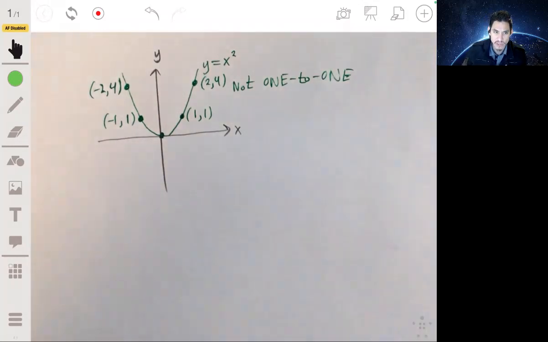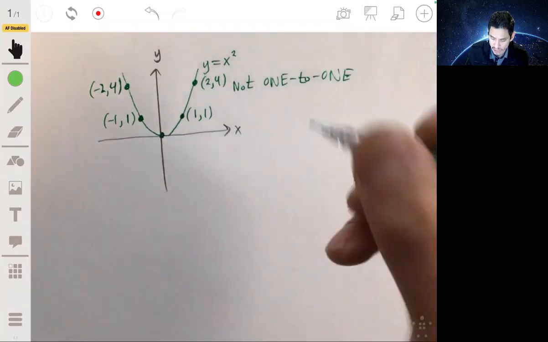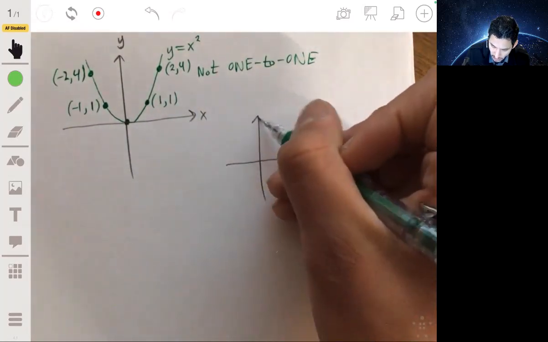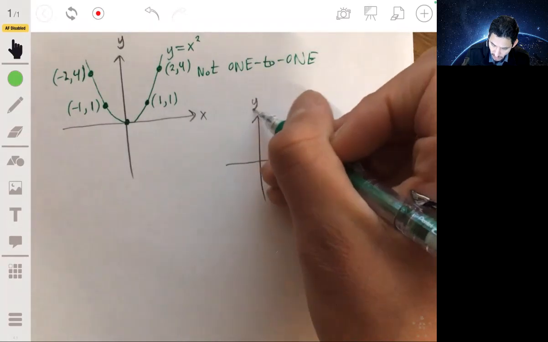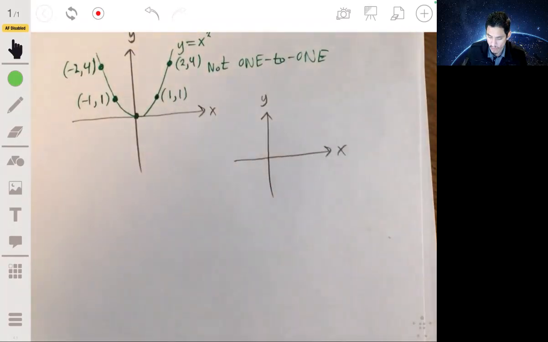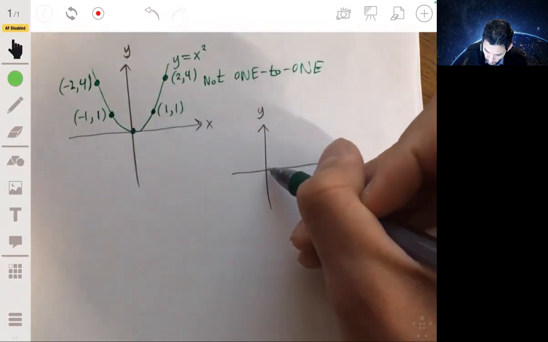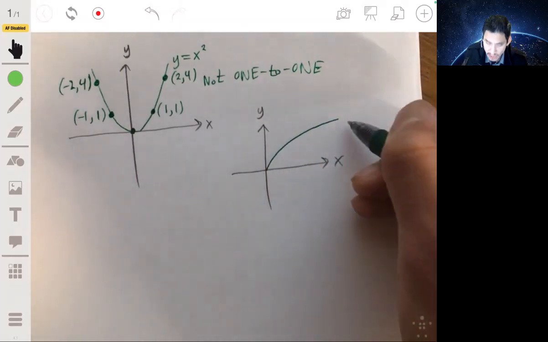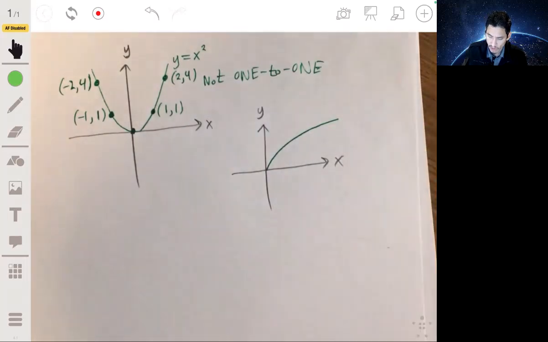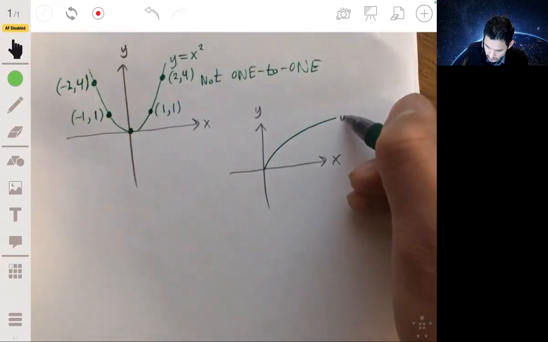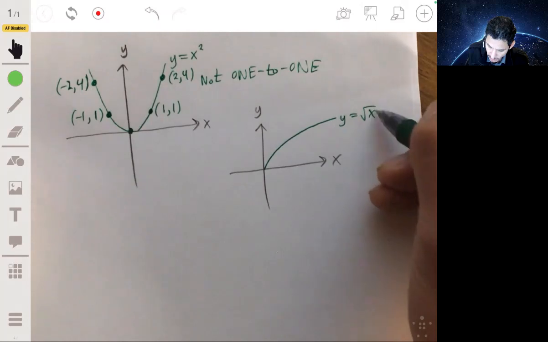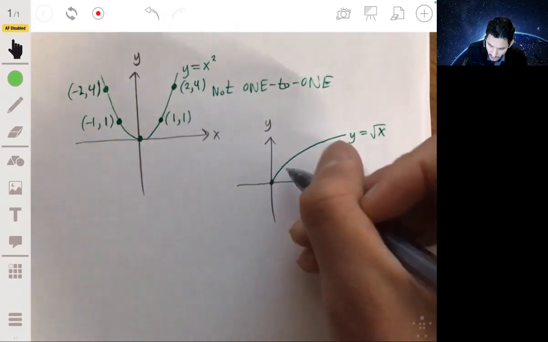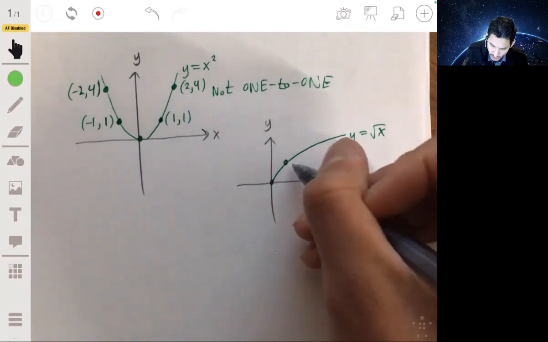So, not 1-to-1. An example of a function that is 1-to-1 would be something like this. Let's say this is a square root function, y equals the square root of x. This is 1-to-1 because there's only one way to get any y value.